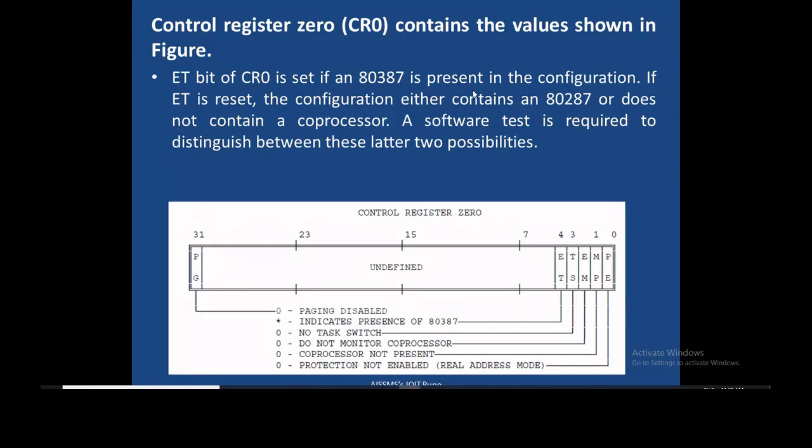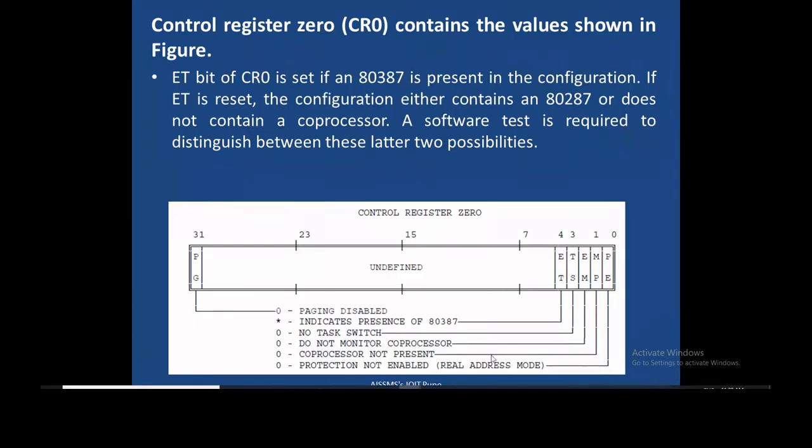ET stands for extension. If the ET bit is reset, it means that either the configuration contains an 80287 or does not contain a coprocessor. To check this, there is a software test, which is later taken by the 80386.